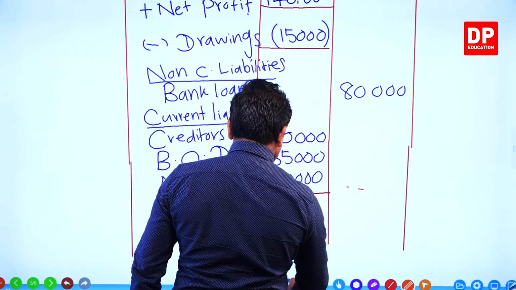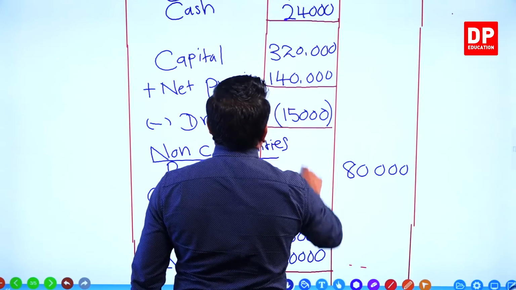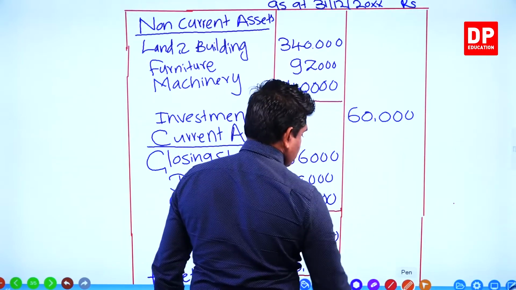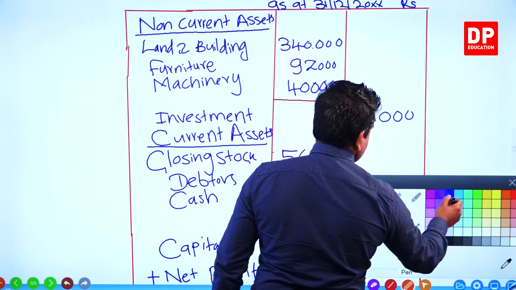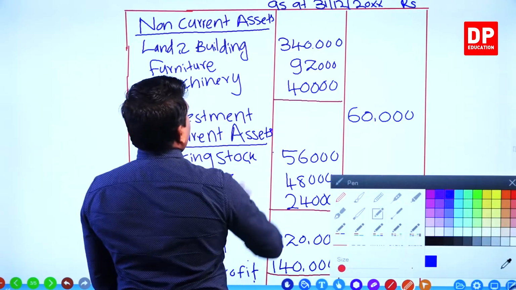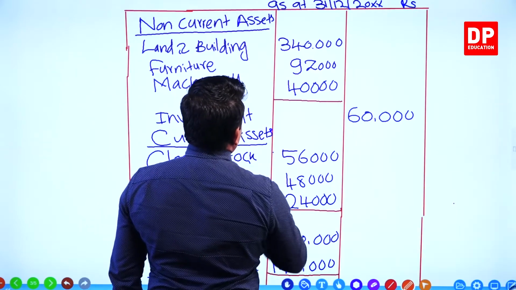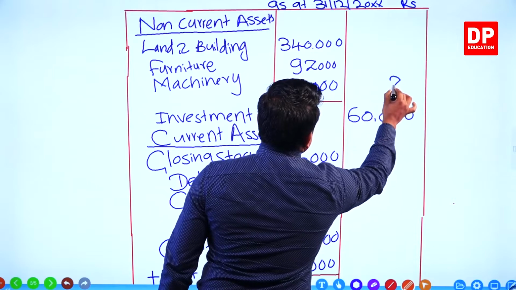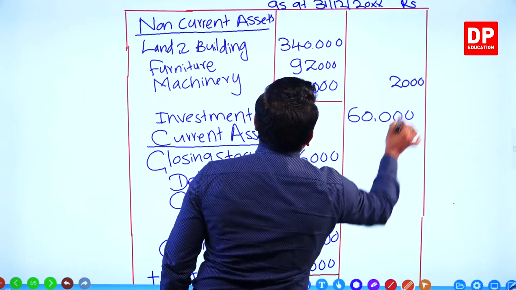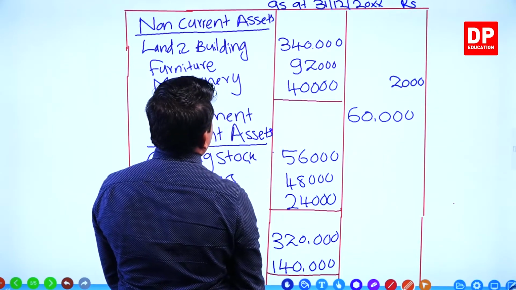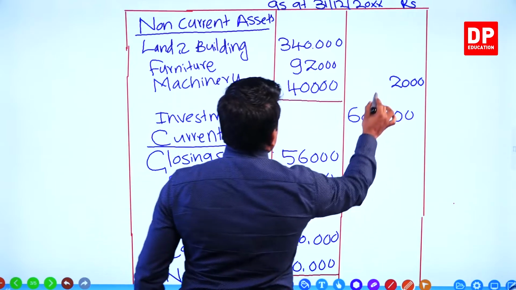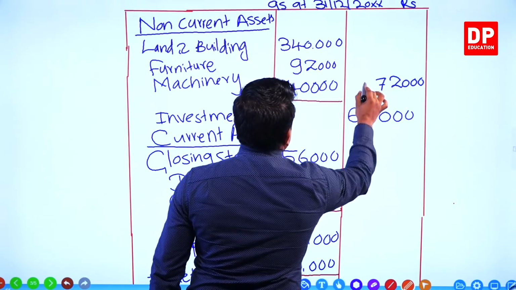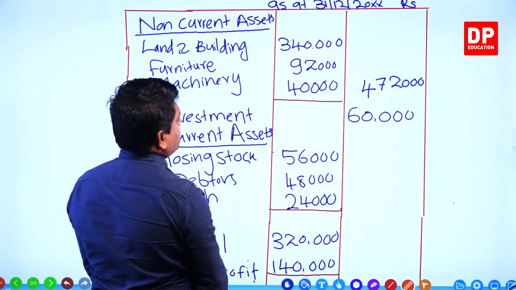Okay, right, now you get the total. $340,000, 92,000 and 40,000. Here 2,000, we bring here to the corner. Then 472,000, right?